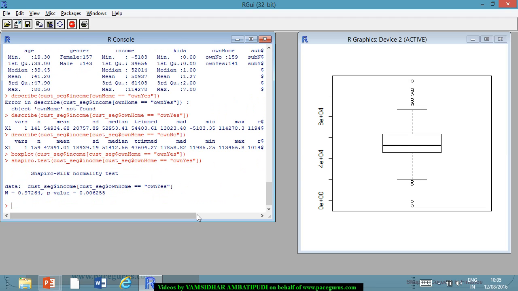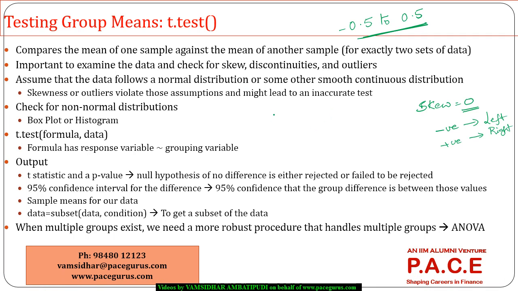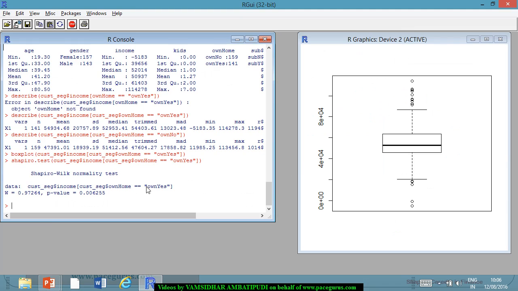The base assumption it makes is that the null hypothesis is that the data is normal, whereas the alternate hypothesis says it is not normal. It's called the Shapiro-Wilk test. It's a statistical way of testing whether my data is normal or not.